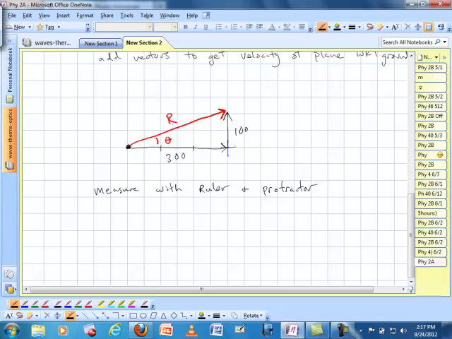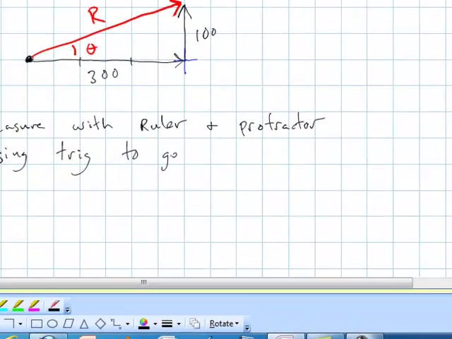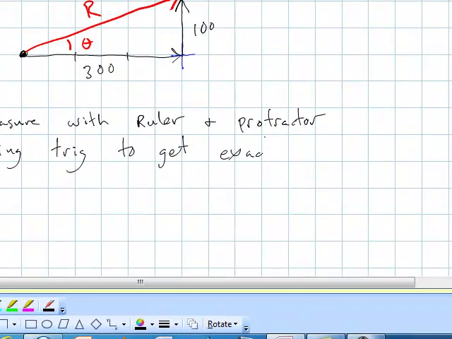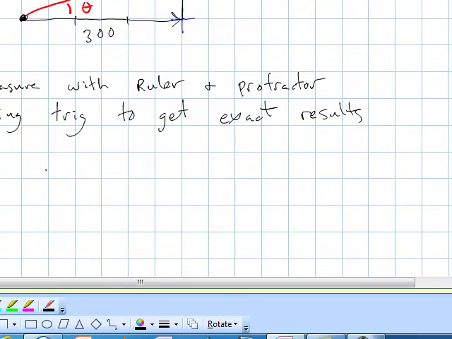So you can do that and you get some pretty good results, but we can do it using our trig identities to get exact results, right? So in this case, it's a right triangle. It's easy. R is the square root of 100 squared plus 300 squared.